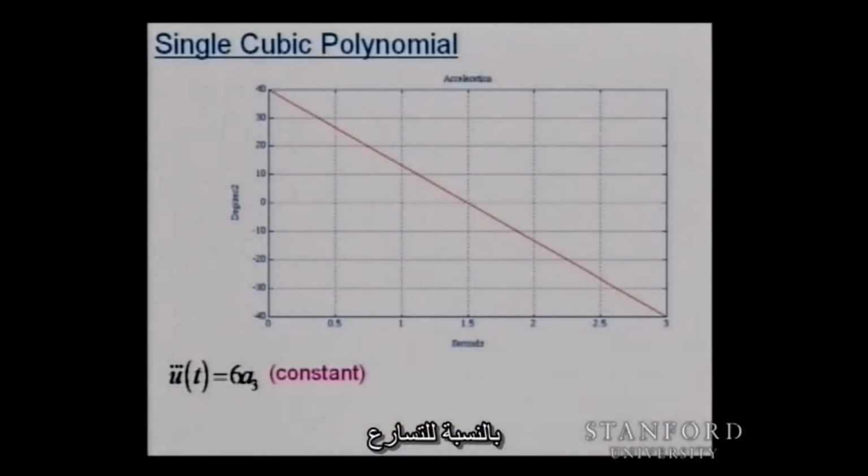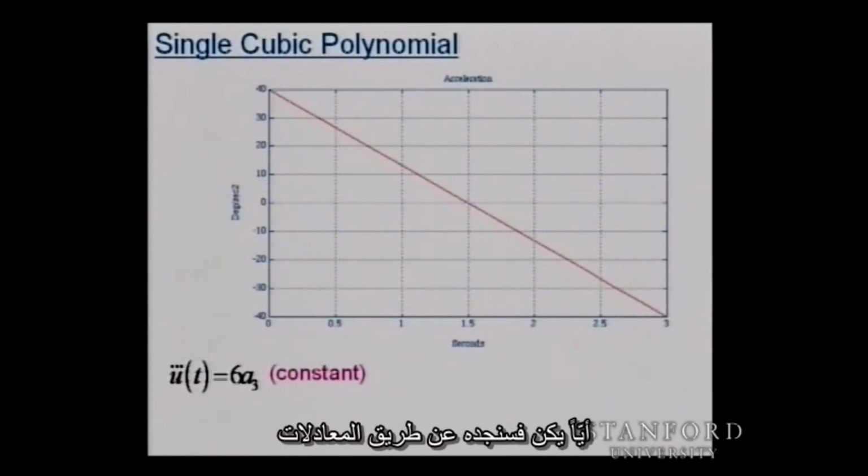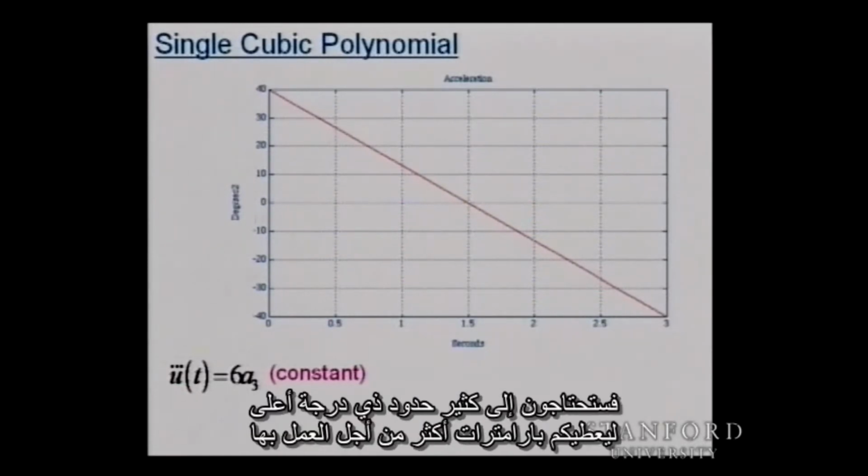And as far as the acceleration is concerned, we are toast. Basically, it's fixed. We can't control that. Whatever it is, it will come from the formulas. That's why I was saying that if you want to control the acceleration, then you need a higher degree polynomial to give you more parameters to work with.